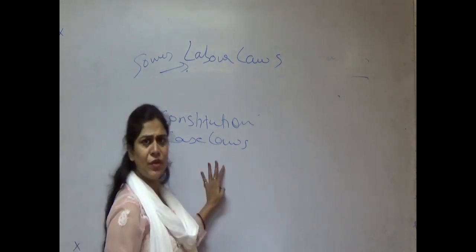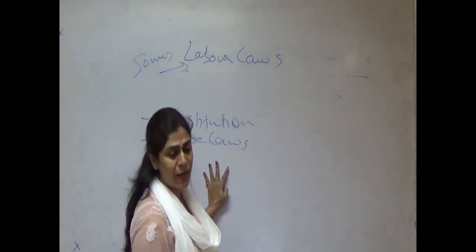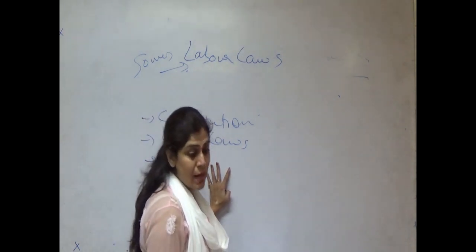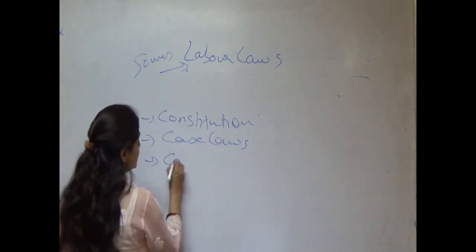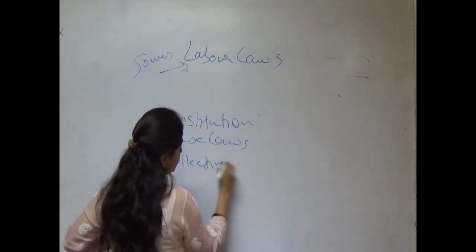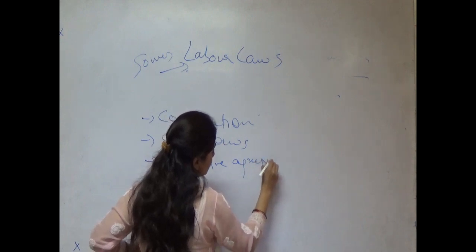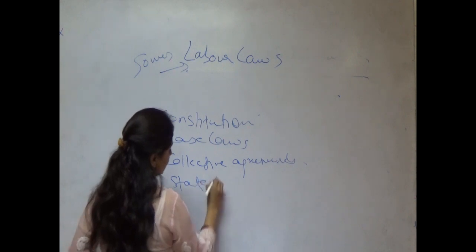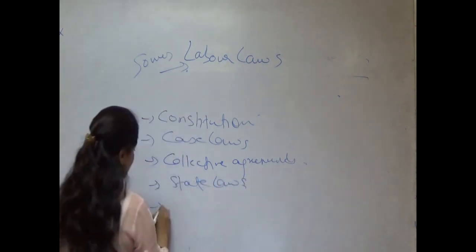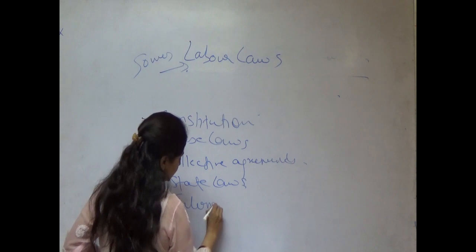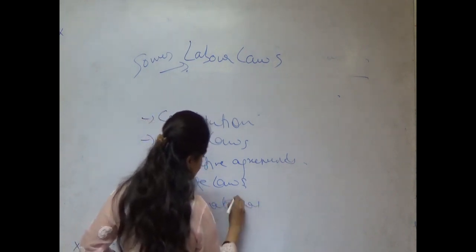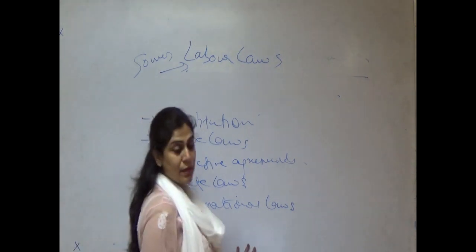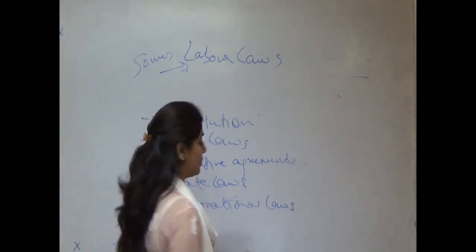Case laws, the various kinds of judgments by the Supreme Court and the High Court, also serve as the basis to formulate the various kinds of labor laws. Apart from that, collective agreements between the parties, state laws, international laws, and lastly, the contract of employment.